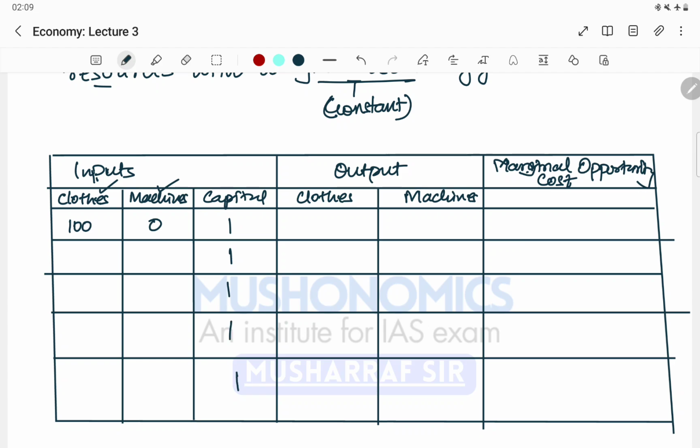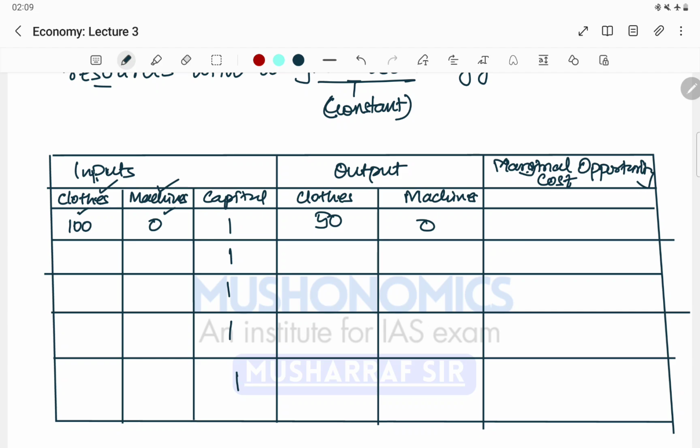We will change inputs and see what the impact on output is. So for 100 input of clothes raw material and 0 input of machine, I am getting 50 clothes and 0 machines.